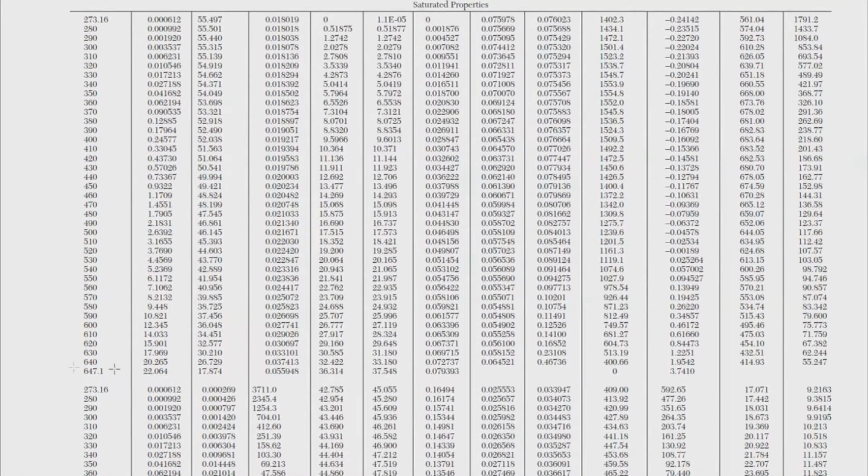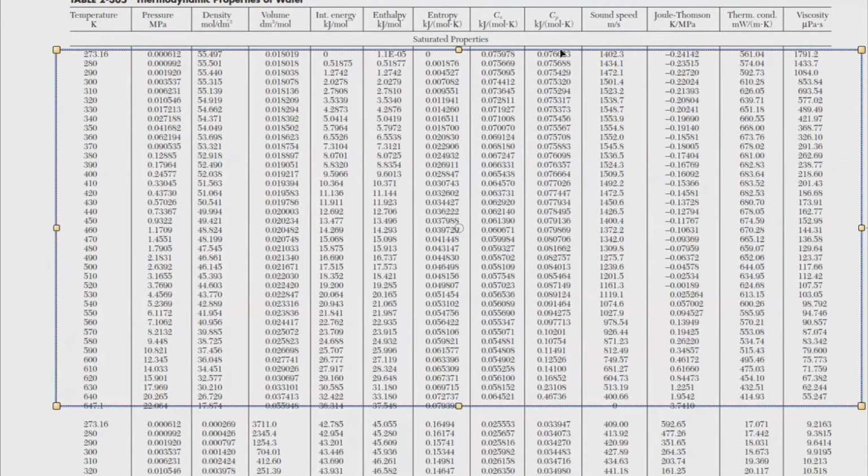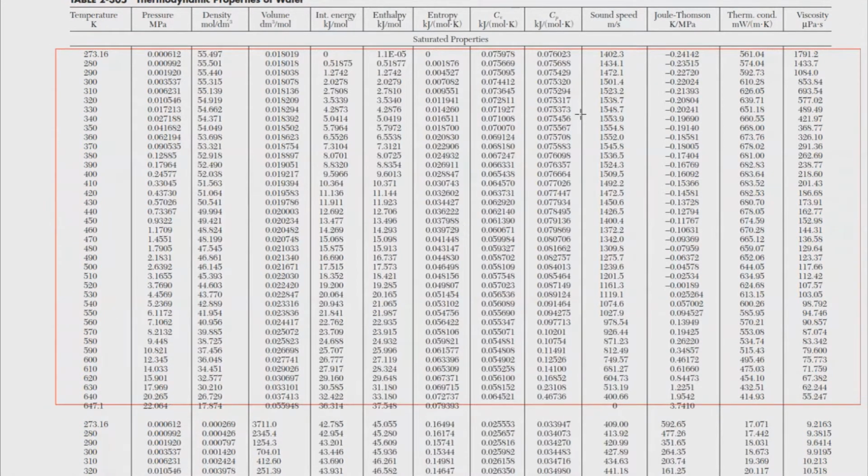All of this data that you first see are the saturated properties of liquid water. You can counter-check it by checking the density. Density in mole per decimeter cubed is around 54 for water, so it makes sense that this is the saturated properties for liquid water.